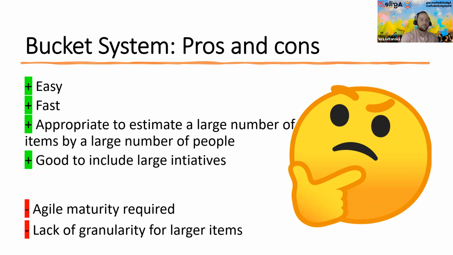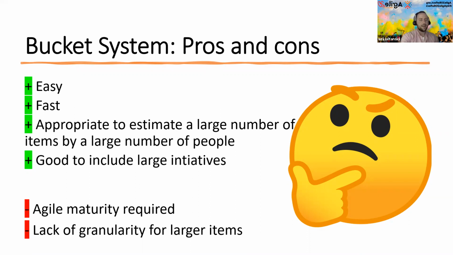It's also good for including some large initiatives. They don't necessarily have to be very granular items, but could be larger initiatives that we estimate at a higher level, and after that, the team could work on breaking them down into smaller pieces of work to be delivered during the sprint.